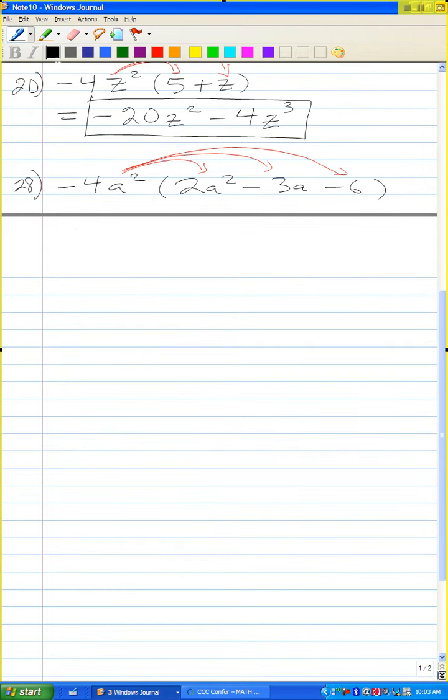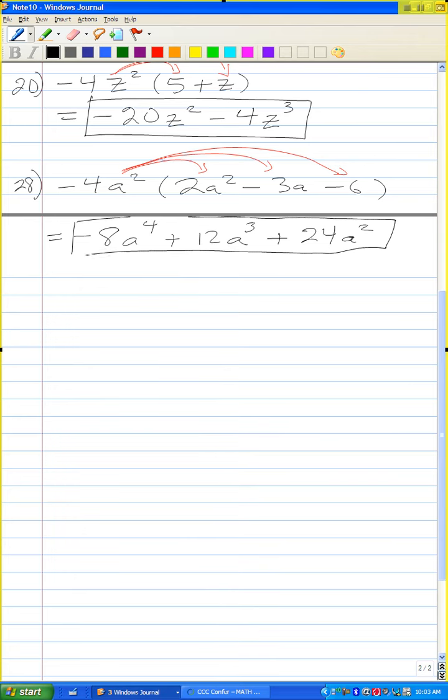And so you get negative times positive is negative. 4 times 2, 8. A squared times a squared, a to the 4. Negative times negative, positive. 4 times 3, 12. A squared times a cubed. Negative times negative, positive. 4 times 6, 24, a squared. And that is your answer.